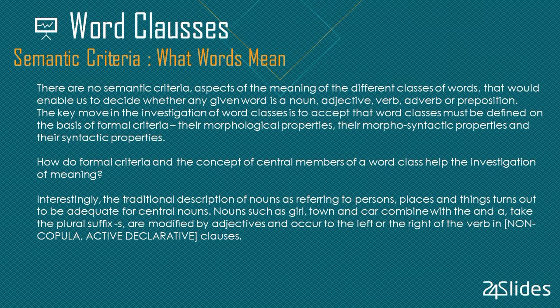The key move in the investigation of word classes is to accept that word classes must be defined on the basis of formal criteria: their morphological properties, their morphosyntactic properties, and their syntactic properties. How do formal criteria and the concept of central members of a word class help the investigation of meaning?